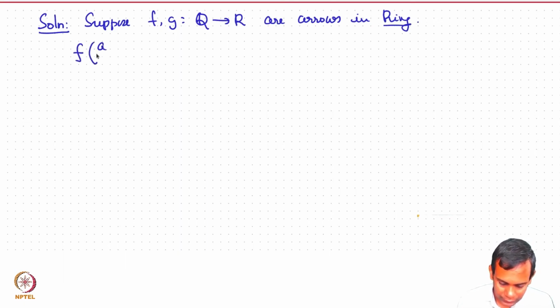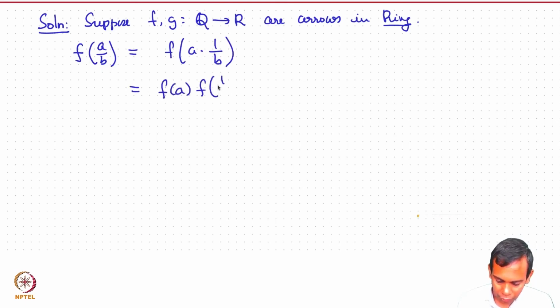F of a rational number A by B is equal to A times 1 by B. And now because F is a homomorphism of the multiplicative monoid, this is F of A times F of 1 over B. But A here is an integer.